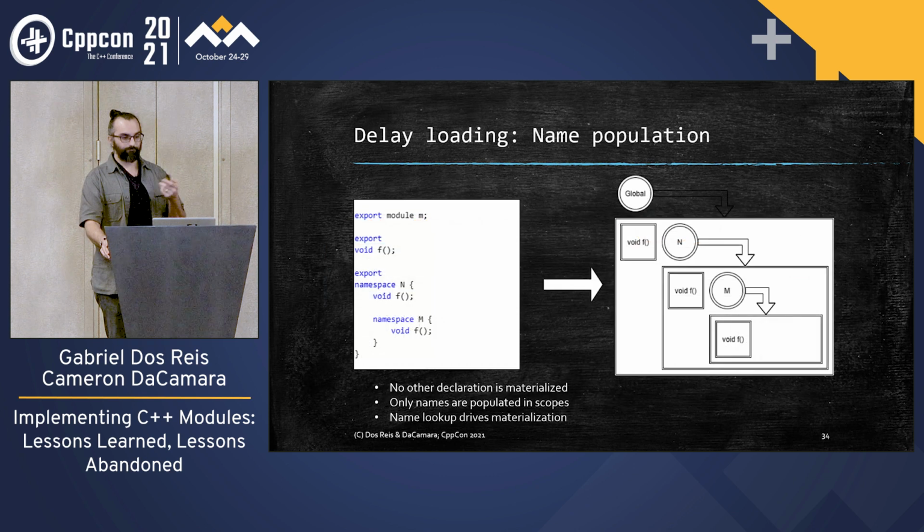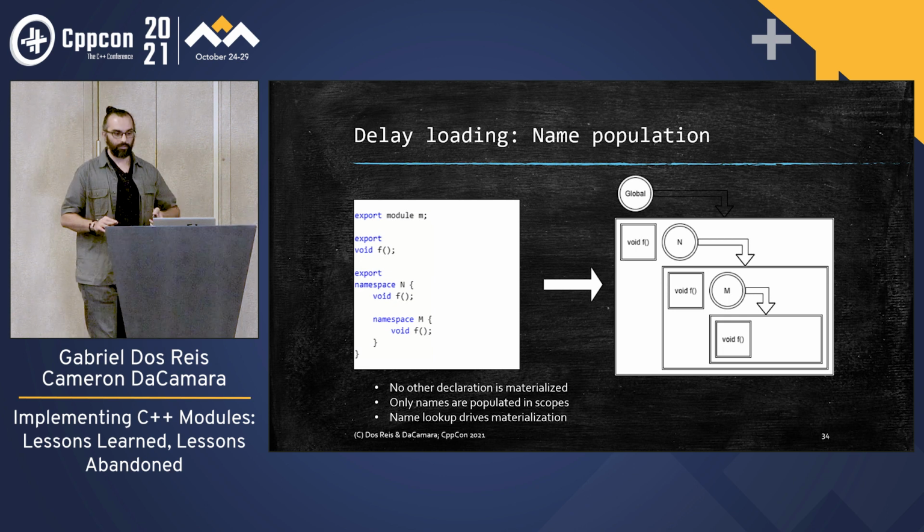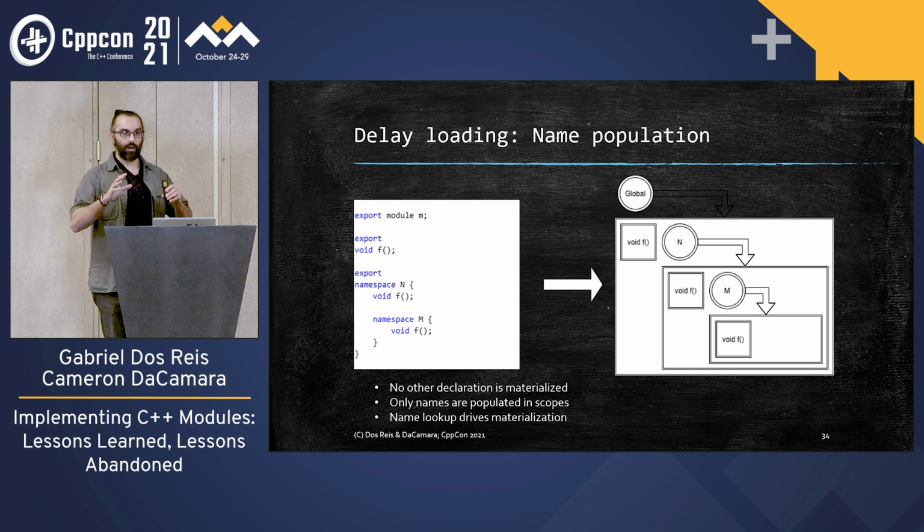And the first one of those things is delay loading. So delay loading, it's a pretty simple concept. And the idea is that when you import a module, what it should conceptually do is just populate names in scopes. You don't have to materialize anything because all of the semantics of name lookup should result in materialization later.